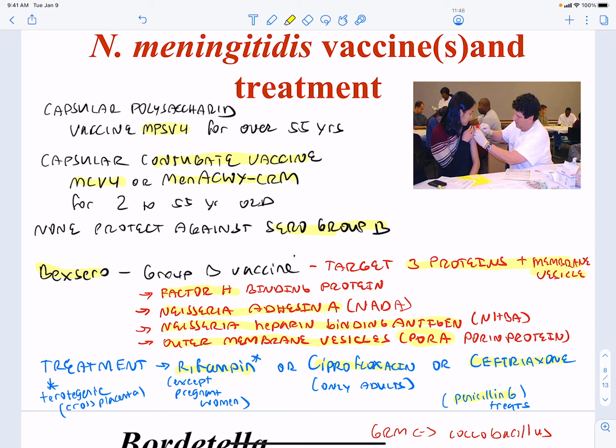Now, the only one that's important to note here is that you can't use rifampin in pregnant women because it's teratogenic, which means that it can cross the placenta. Neisseria meningitidis also does not have much resistance, so penicillin G works very well against this particular bacterium.